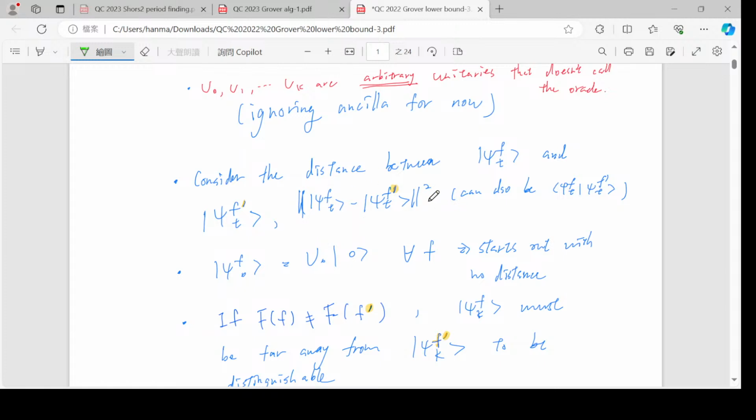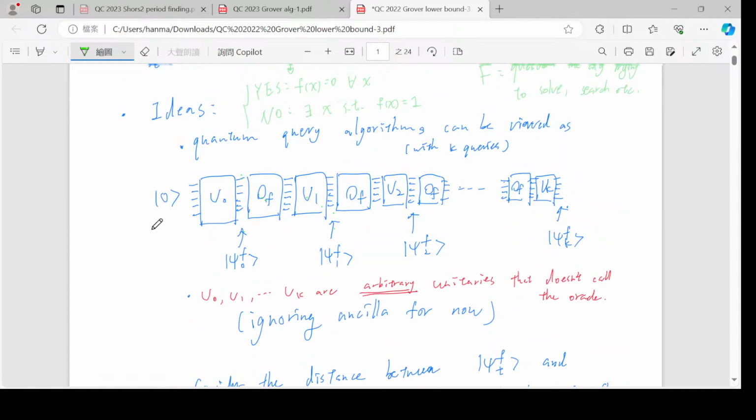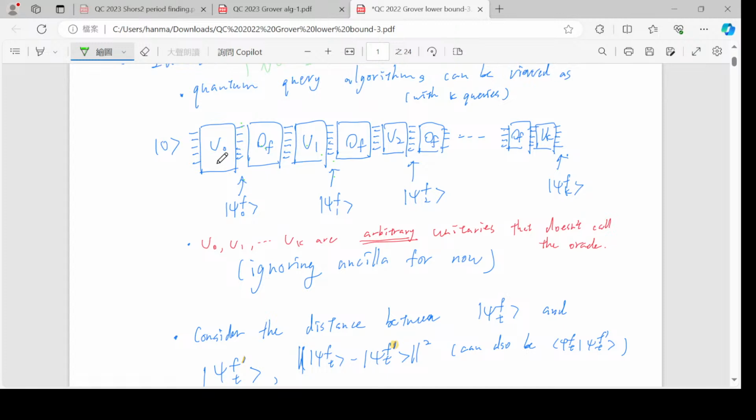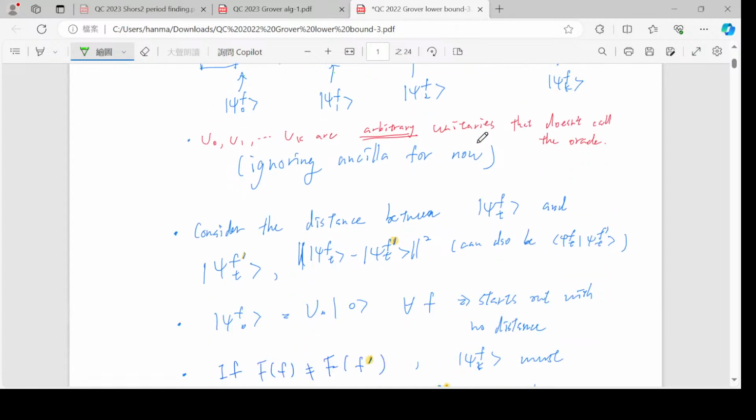The particular choice here is not too important. You can also do this with just the inner product, because basically the inner product is linearly related to this. But this is what we'll pick. And what happens is that this distance is increasing throughout your algorithm execution.